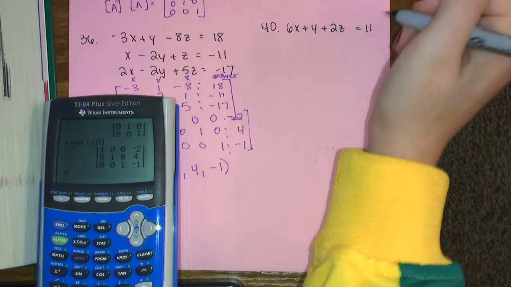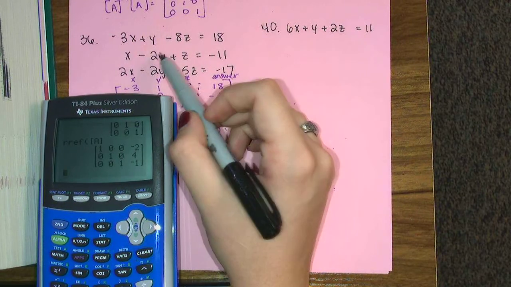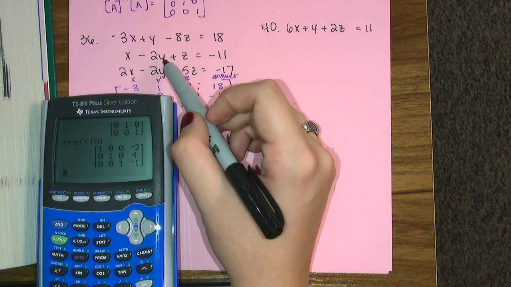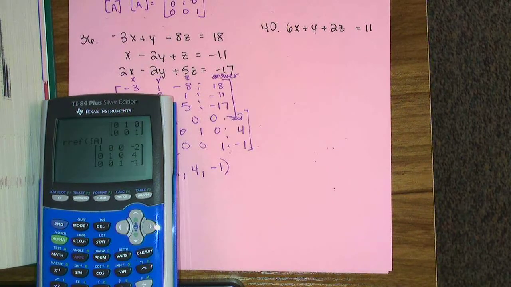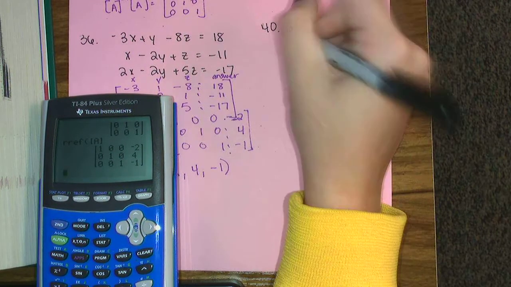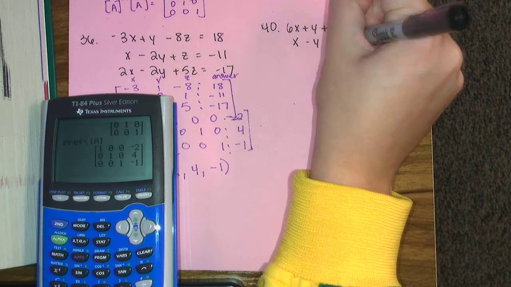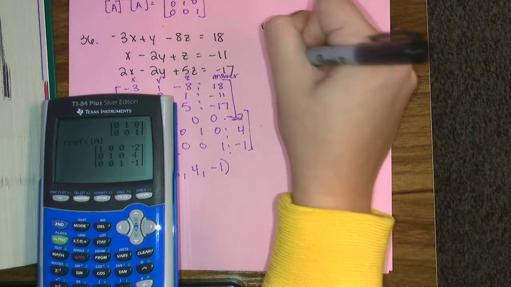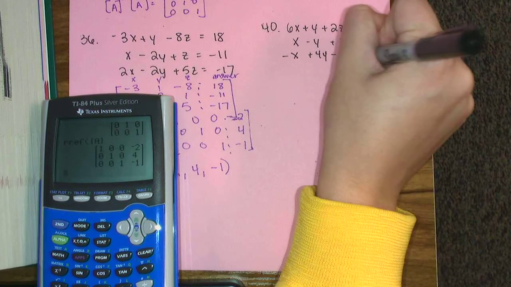Also, really quick, if any of these values were 0 or missing, like let's say this negative 2y was completely missing, so I just had x plus z is equal to negative 11, you still have to put a 0 in for that spot. You can't just ignore it. You have to put a 0 in as a placeholder. Then this one over here, x minus y plus z is equal to negative 5. Then negative x plus 4y minus z is equal to 14.